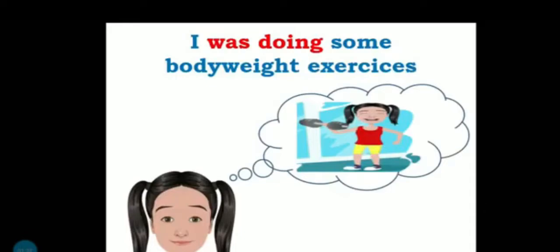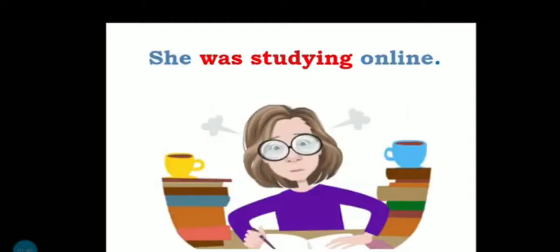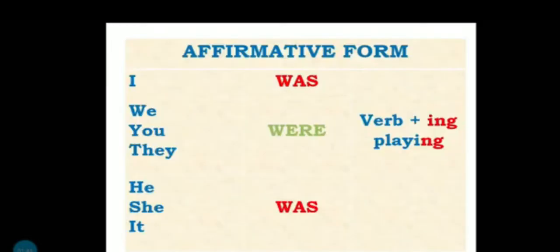Affirmative. I was doing some body weight exercises. He was playing drums. She was studying online. So, the past continuous in the affirmative form: I plus was plus verb plus ing.